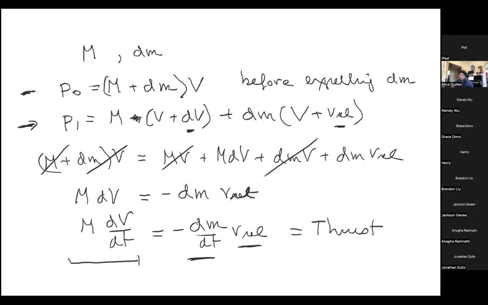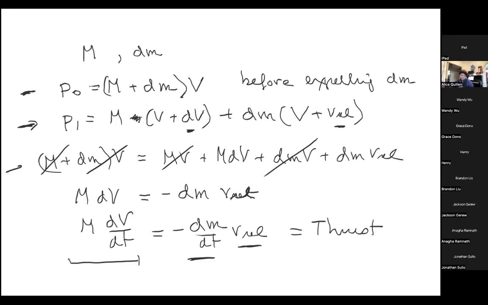And so this is the momentum after expelling the little bit of propellant. And because the forces between the propellant and the rocket are internal, there are no external forces on this. So these two have to be the same, P0 has to be equal to P1.